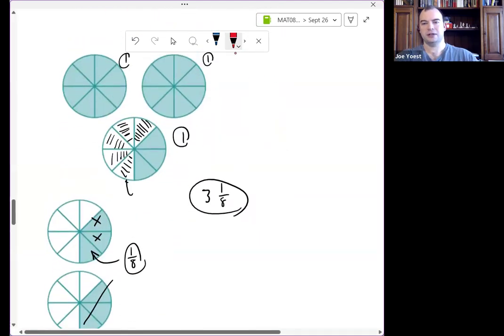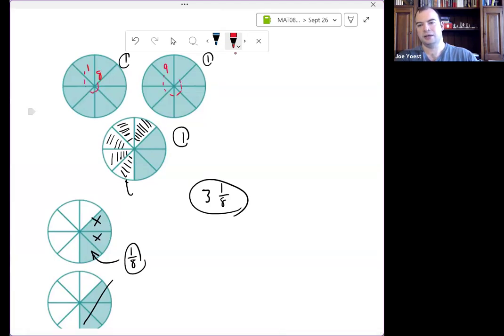Or even down here, I could have looked at this as, well, here's 1 through 8, 9 through 16, 17, 18, 19, 20, 21, 22, 23, 24, 25/8. So 3 and 1/8, 25/8.